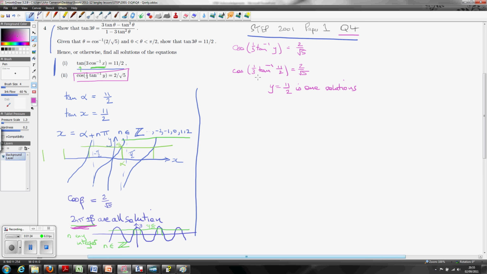So given that (1/3) tan⁻¹(11/2) is one solution, all the solutions for (1/3) tan⁻¹ y are (1/3) tan⁻¹(11/2) plus or minus that, plus 2nπ, where n is apparently, at least from this part, any integer.